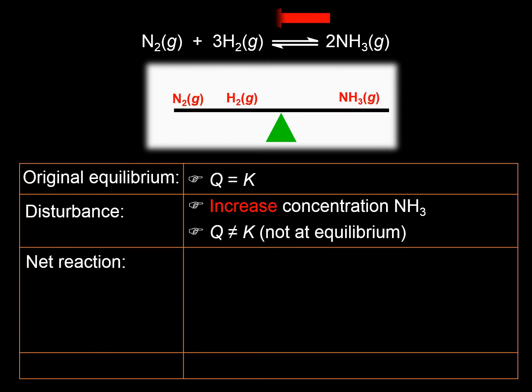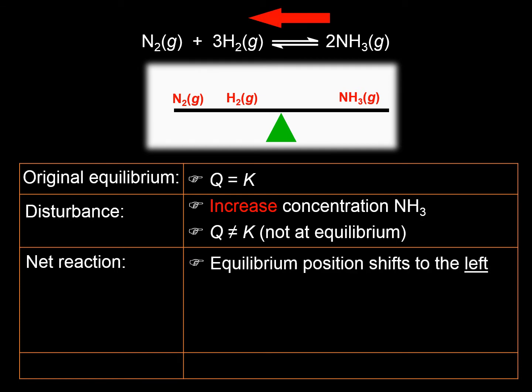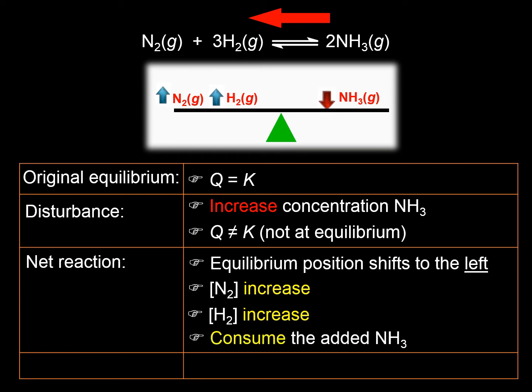Thus, the equilibrium position will shift to the left, and this makes the concentrations of nitrogen and hydrogen increase and makes the ammonia consumed during the reaction until a new equilibrium is achieved.